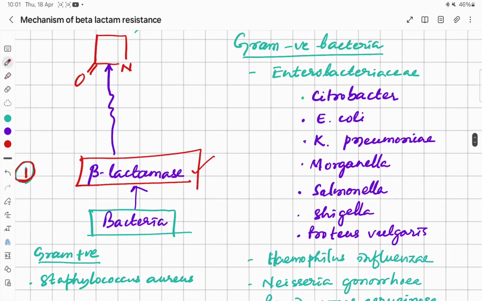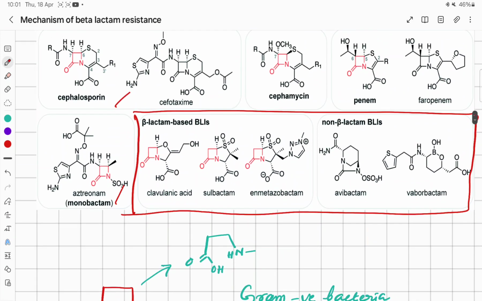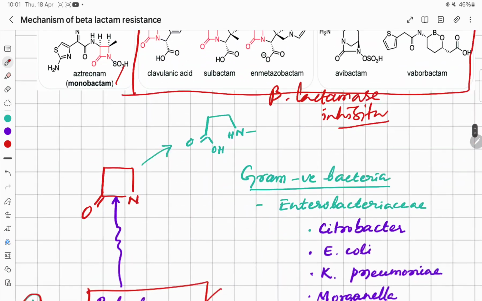We can prevent this resistance by using beta lactamase inhibitors. You can see our previous class on beta lactamase inhibitors: those with a beta lactam core, the suicidal inhibitors, and those without a beta lactam core, the non-beta lactams or non-suicidal inhibitors. So you can refer to that class.